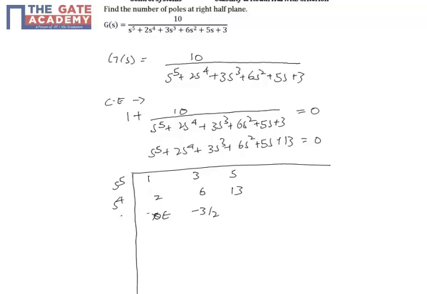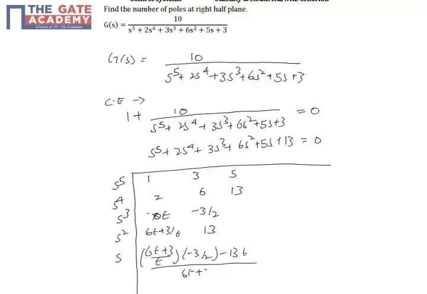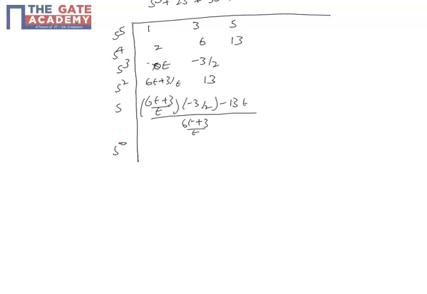So this is for s^3. For s^2 it is (6 epsilon + 3 by epsilon) and then 13, and for s it is ((6 epsilon + 3 by epsilon) times minus 3 by 2 minus 13 epsilon) divided by (6 epsilon + 3 by epsilon). And for s^0 it is 13.